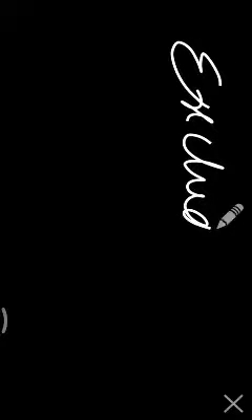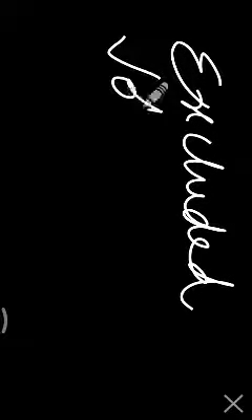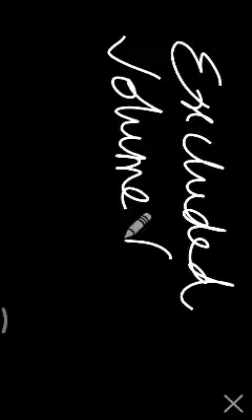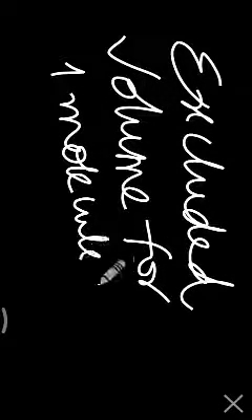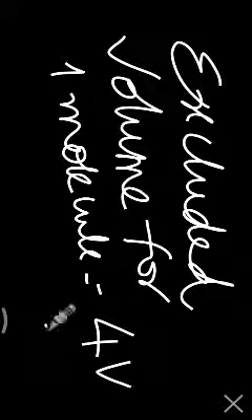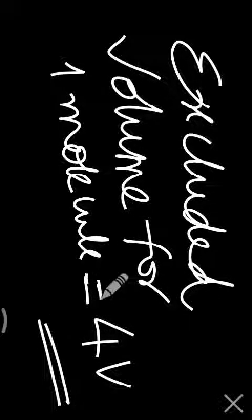Then excluded volume for one molecule. This is important point. Excluded volume for one molecule is 4V. Remember this point. 4 times the volume of the one molecule, that is considered as excluded volume of molecule.